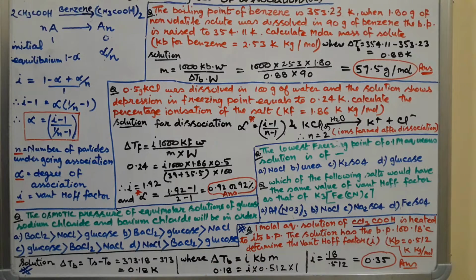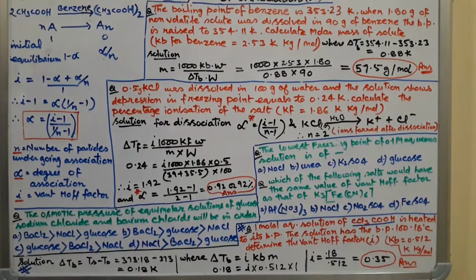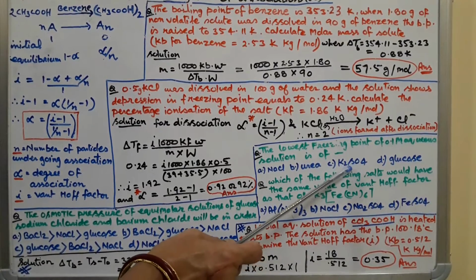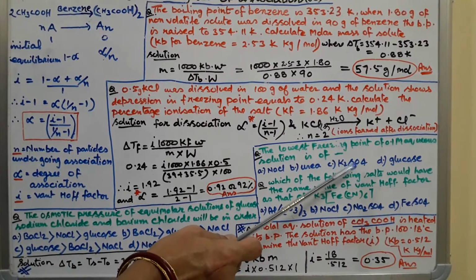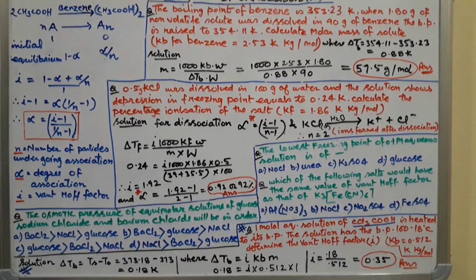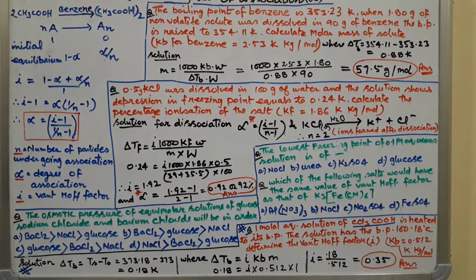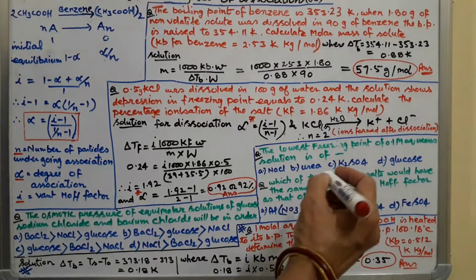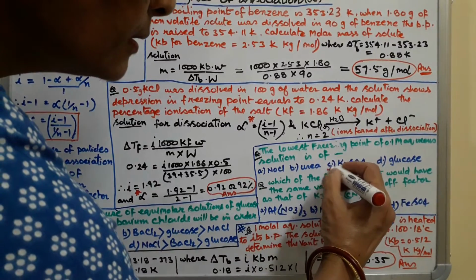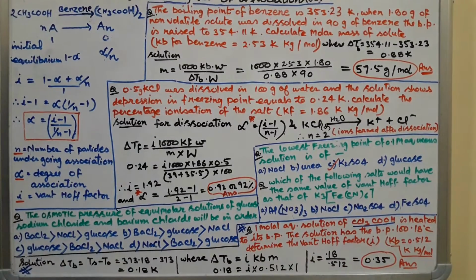Depression in freezing point, which is directly proportional to lowering of the vapor pressure. How many particles are here? 3. So the answer is going to be this. This is the answer. Clear?